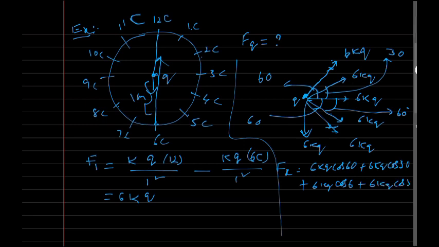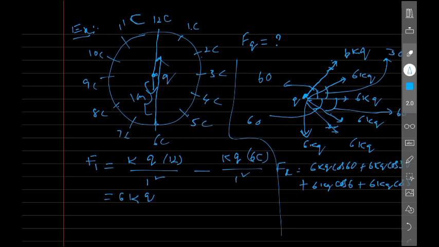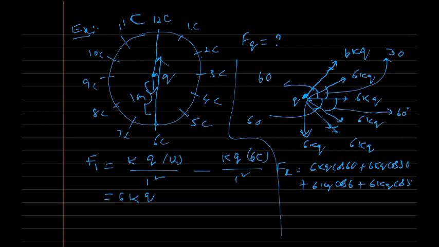If you clearly recall, cos 60 value is 1 by 2, and there are two terms, so the 1 by 2 and 2 will get cancelled.